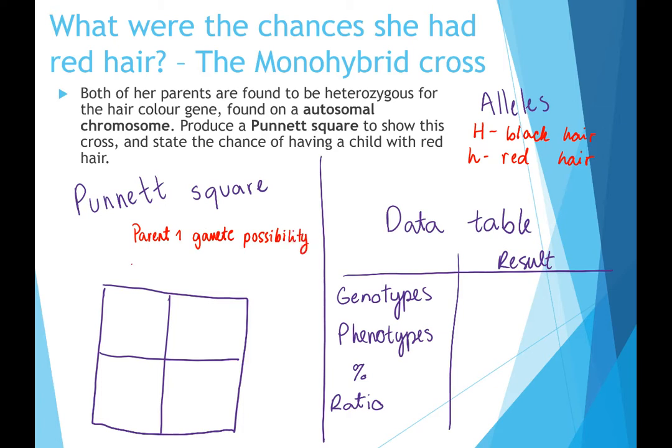So remember that they're both heterozygous, so big H, little h, because those are the two gametes we can get. And then on the other side, we're going to put in the parent 2 gamete possibilities. Okay, and same thing, we've got big H, little h.